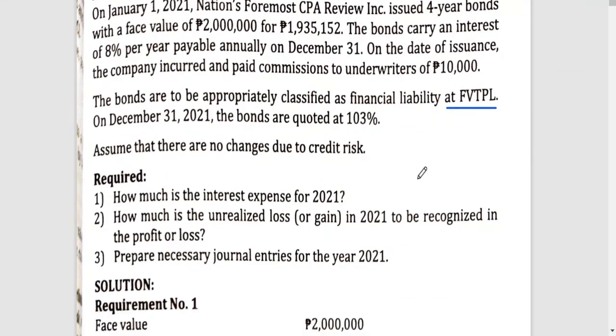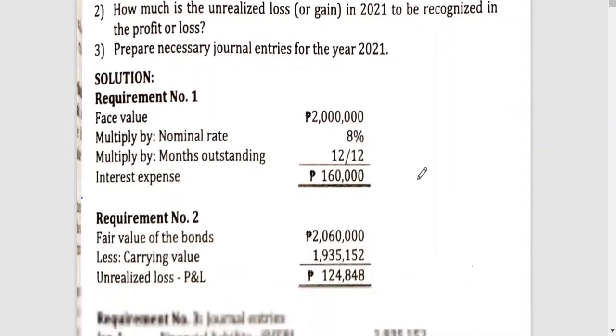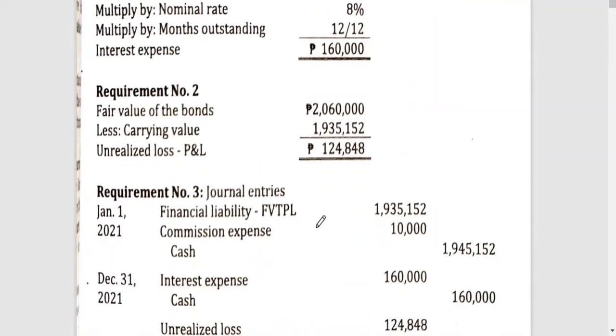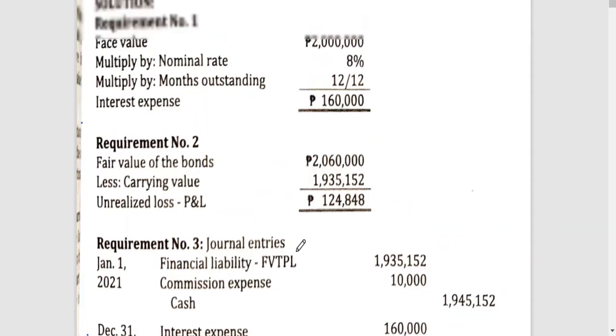So now let's go to the journal entries. How do we prepare the entries for this one? Here, this is a debit. Our consideration here would be debited. How much would be our cash here?